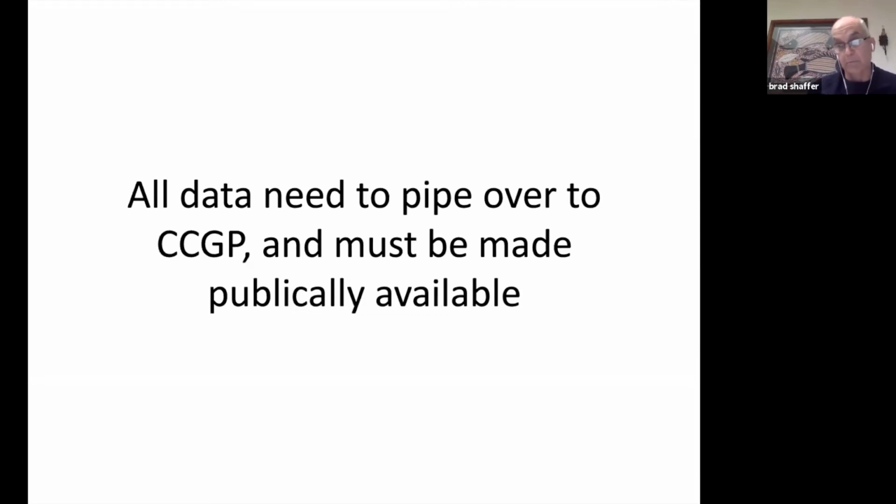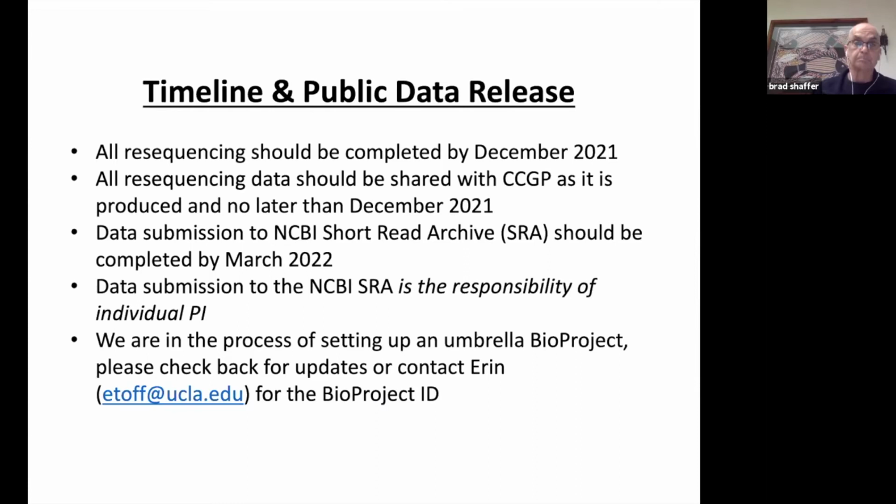That paper might come from a PI, in which case they would make the data publicly available. If not, it'll be that joint paper, at which point all the data have to be publicly available. So that's just something that needs to happen, but we need to make sure we do get the data over to us.